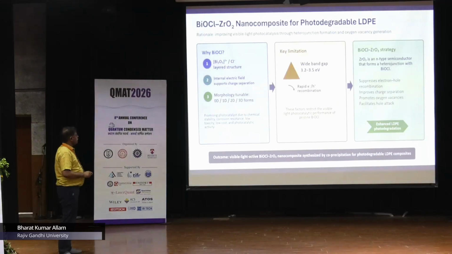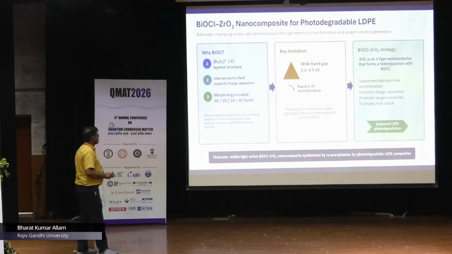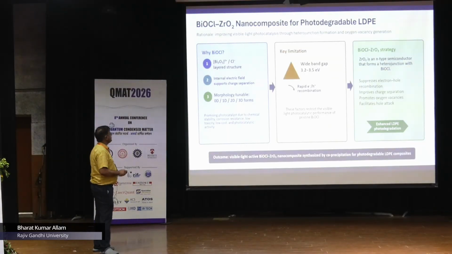But the key limitation of using bismuth oxychloride is that it has a wide band gap, between 3.2 to 3.5 electron volts, and you can observe rapid electron hole recombination. These two things severely limit the utilization of bismuth oxychloride as a photocatalyst.